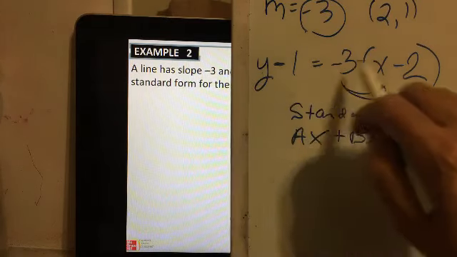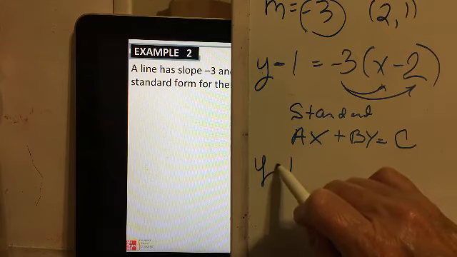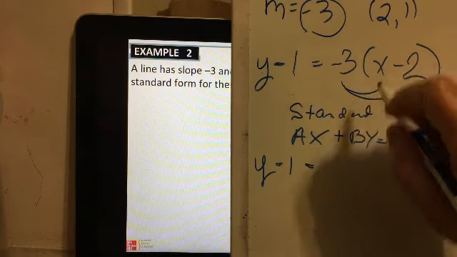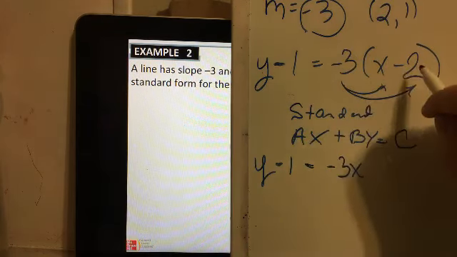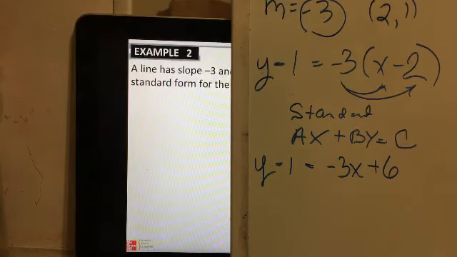So when I write this over again, it's going to be y minus 1 equals -3 times x, or -3x, and a -3 times a -2 is a +6. Okay, we're getting closer.